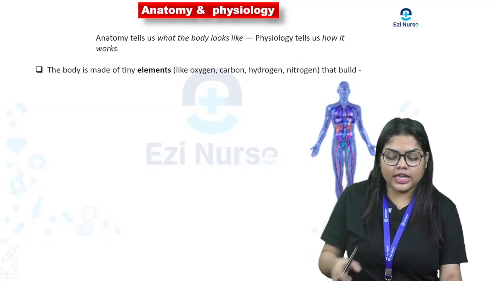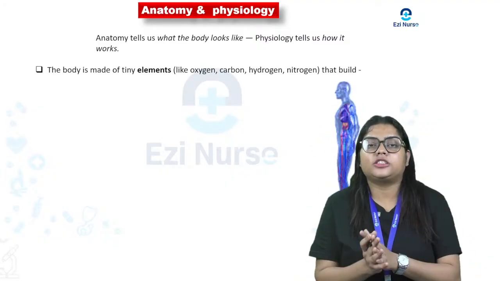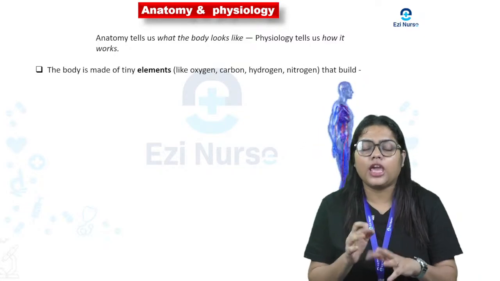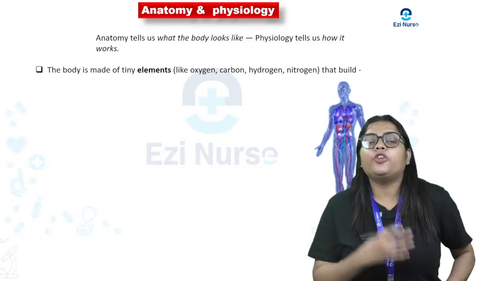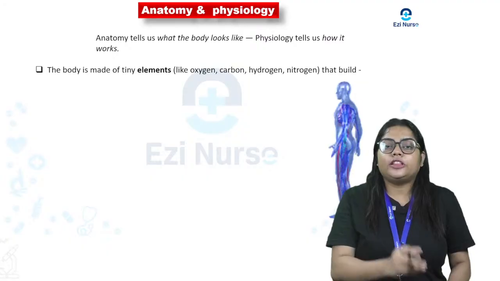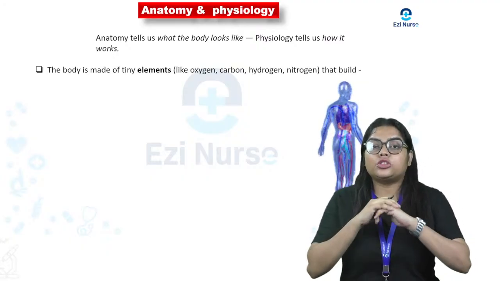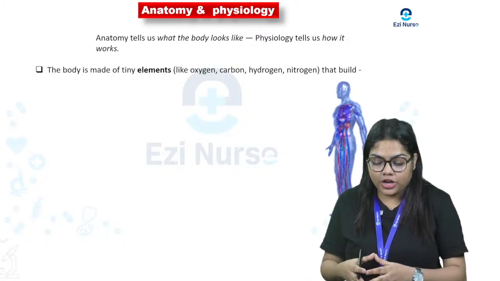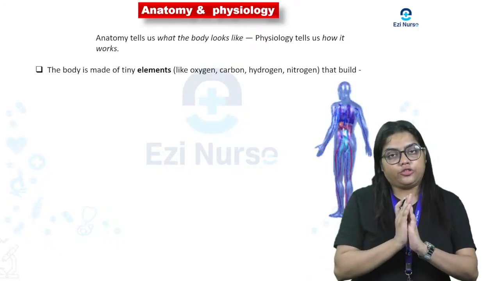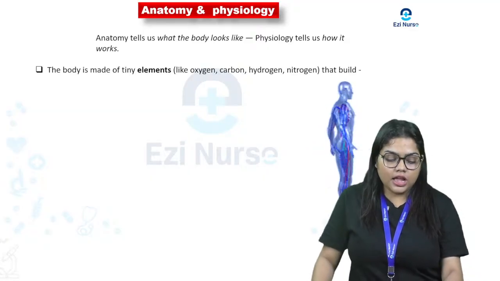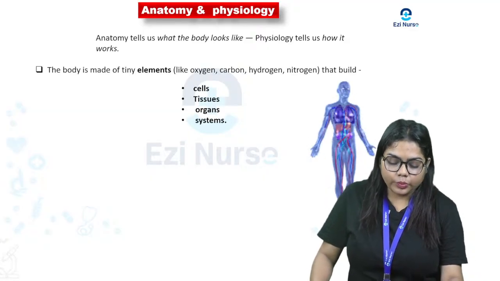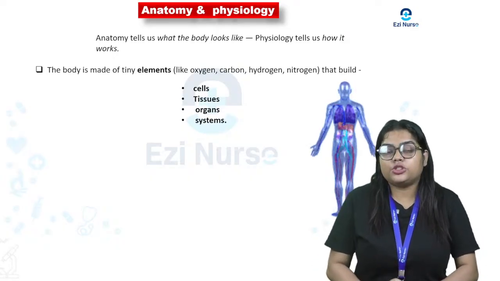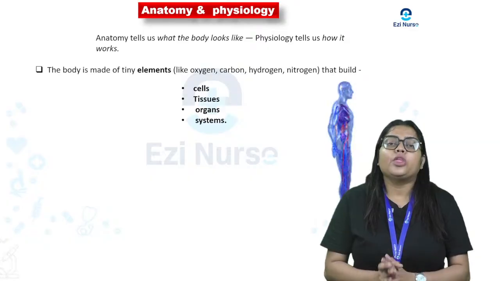Our body is made up of tiny elements, and to be specific, we have exactly 26 elements. Among them, the major and most important elements are oxygen, carbon, hydrogen and nitrogen. So these are the main elements. Our body is made up of cells, tissues, organs and systems.